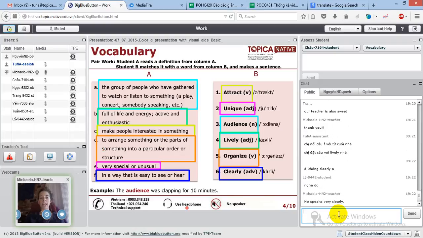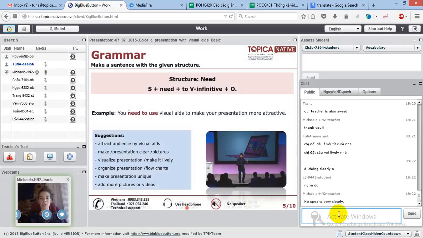Wonderful. Great use of the vocabulary, everyone. Wonderful sentences. And let's practice the grammar now. So the structure is using the word need today. The structure with need. All right.